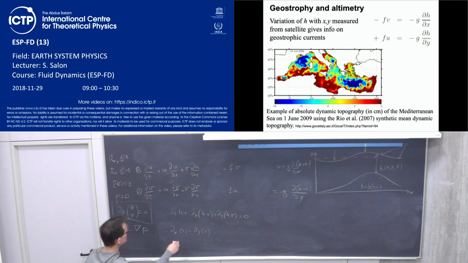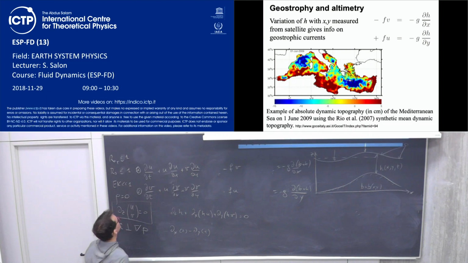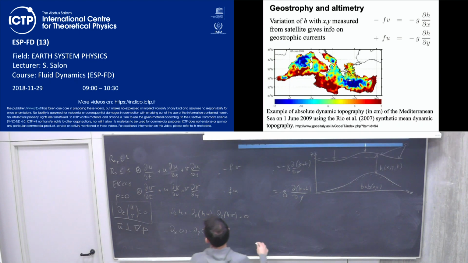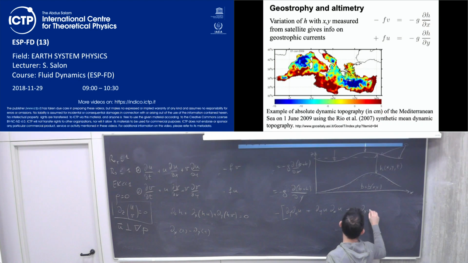This means to take each term and make the partial derivative in y for the x momentum and in x for the y momentum. So what happens is that the first term, for example, will become minus d/dy of (du/dt plus u du/dx plus v du/dy plus etc.)